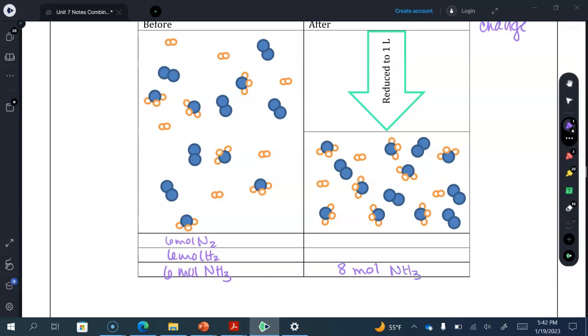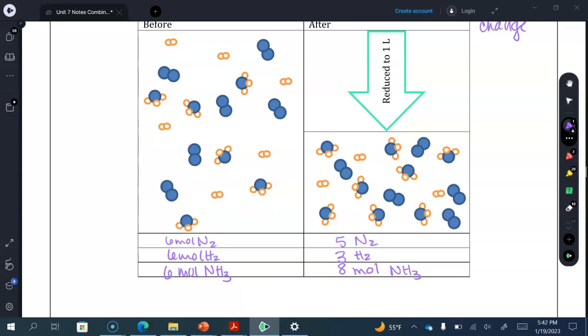We should also see that N2 and H2 decrease by close to the same mole ratio. So we count N2, 1, 2, 3, 4, 5. And then we count H2, 1, 2, 3. So this drawing should show a shift towards the products.